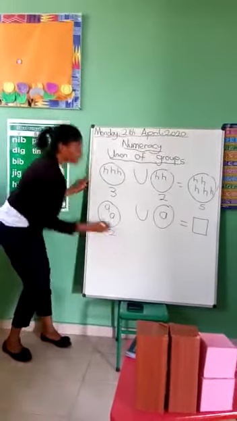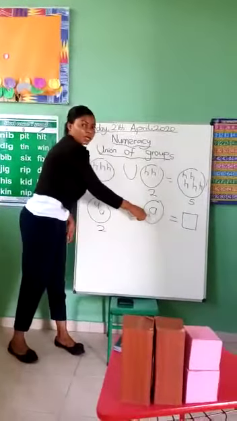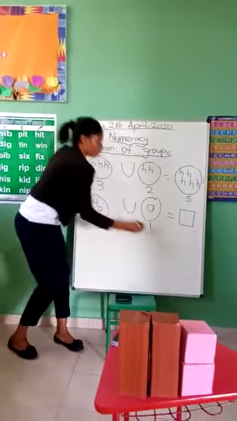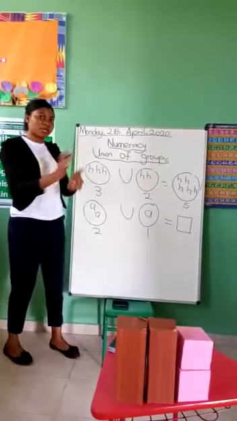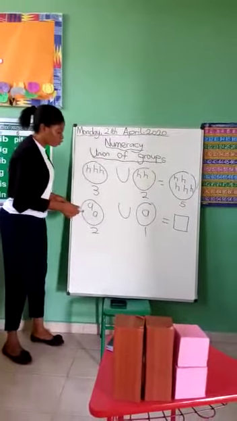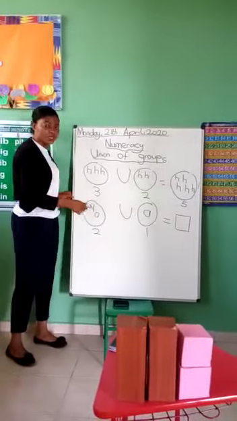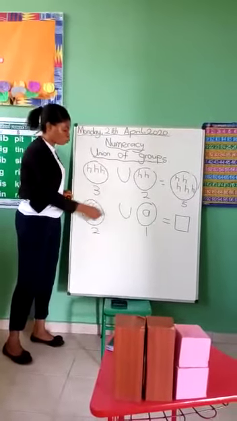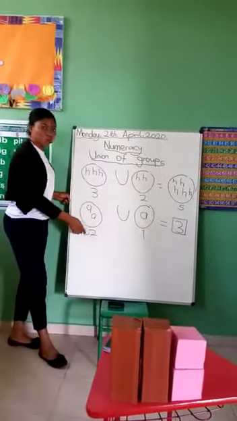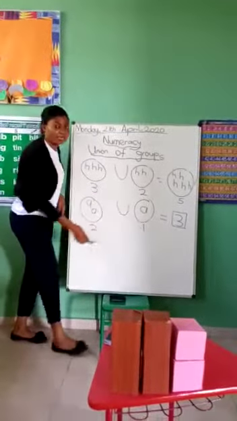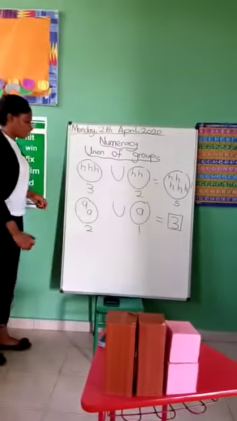And how many objects are here? 1. So we said union means putting something together. That is good. So now let's put all together by counting. 1, 2, 3. Then you write 3 here. It means when you add 2 to 1, you get what? 3.